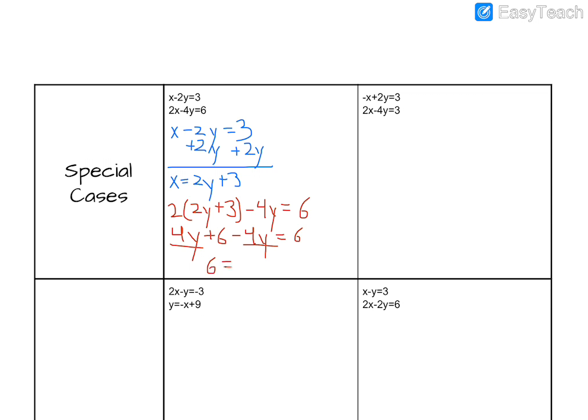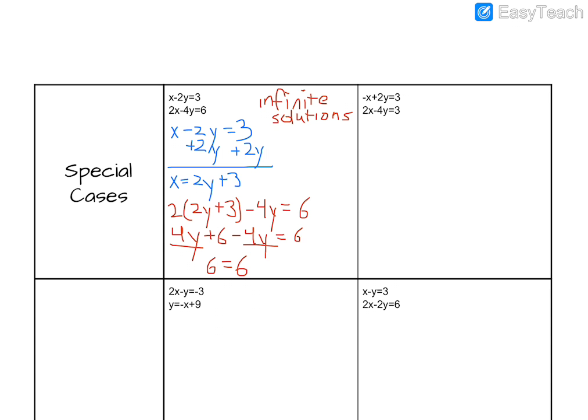We no longer have a variable. When something like this happens, when our variable disappears, that means these are the same lines. So that means that we have infinite solutions. So we have the same line, so they are always going to be touching each other.